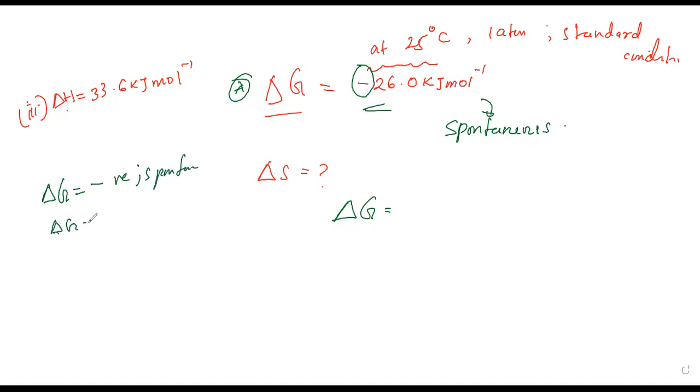If the delta G is positive, it's non-spontaneous. If delta G is equal to 0, it's a reversible reaction or at equilibrium, and you use those kinds of arrows.